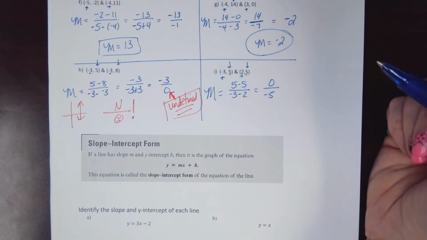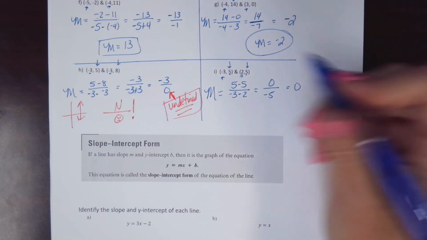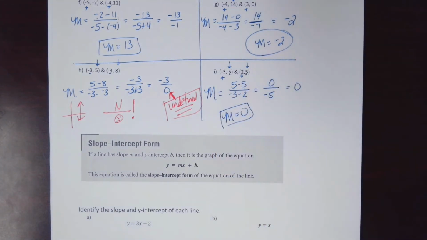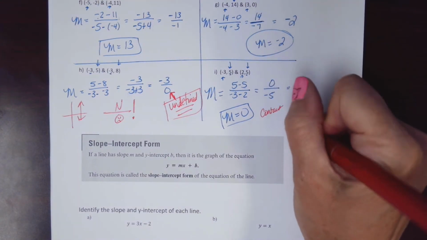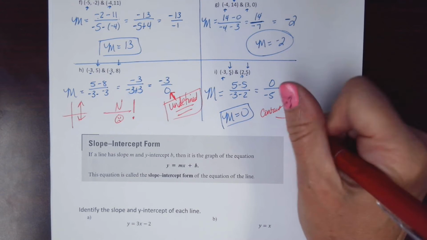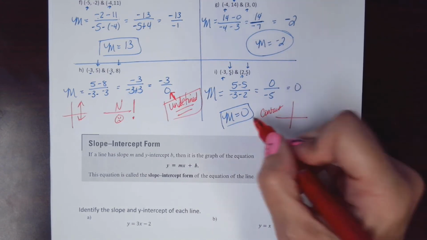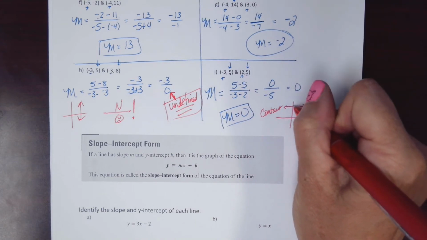It does not matter what that bottom number is. So my slope here is 0. This is my constant function. If I were going to graph it, it would be my horizontal line. And this particular horizontal line is going to go through the y value, 5.